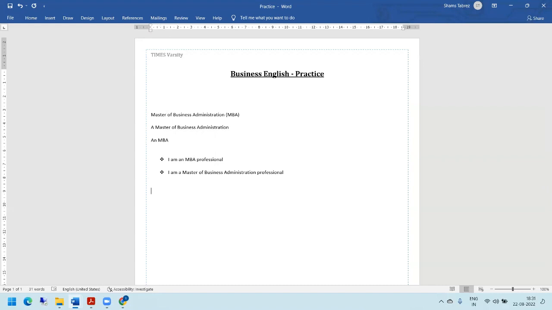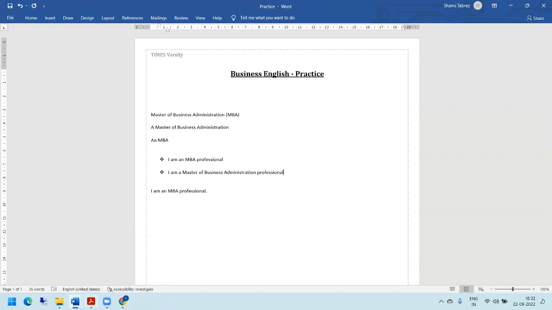Normally, without bullets, if we are writing a sentence like MBA professional, then it should end with a full stop, because it is a sentence now. But if we are using bullets or numbering like this, then they should not end with a full stop.